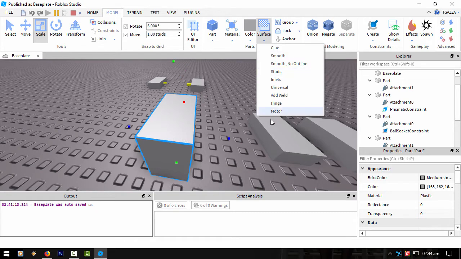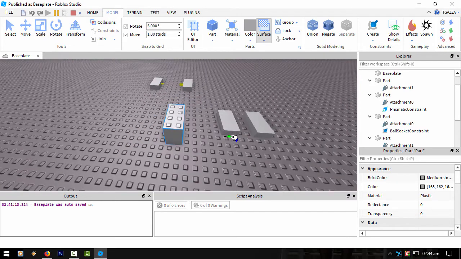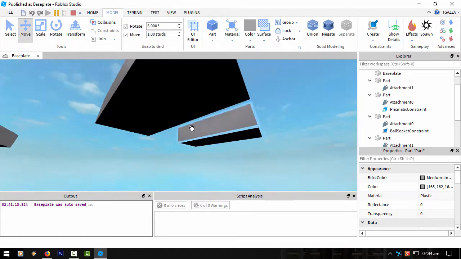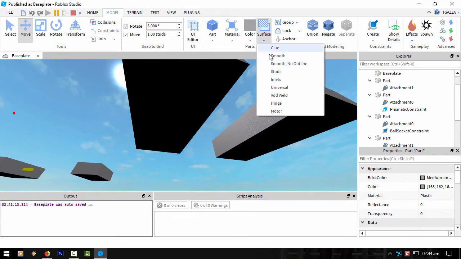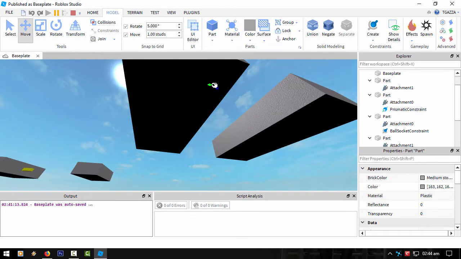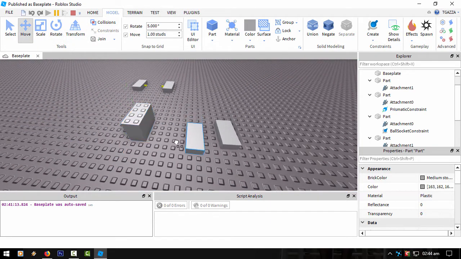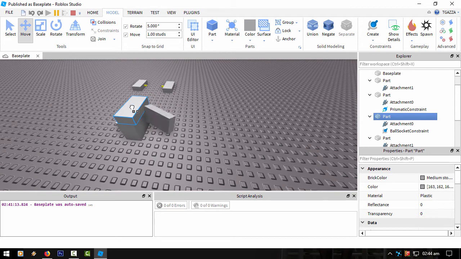Let's change this surface. Studs. Let's put on the bottom of this. Inset. Like so. There you go.